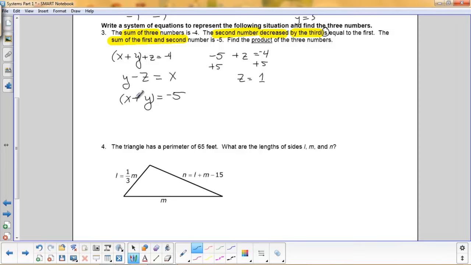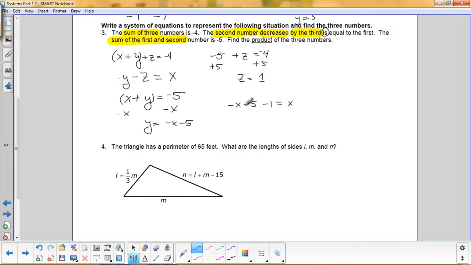All right? So notice if I take this and move the x to the other side, I get y equals -x minus 5. I can substitute both the y value and the z value into the second equation and it's going to give me this: -x minus 5 minus 1 equals x.